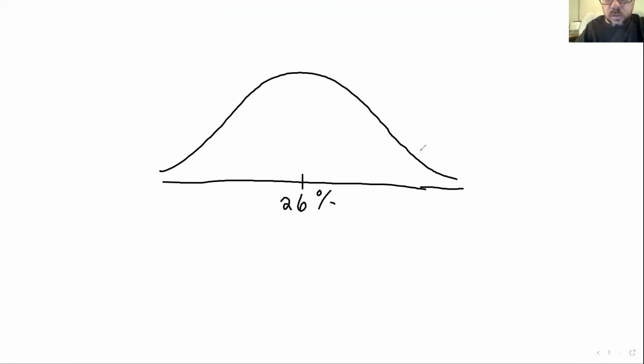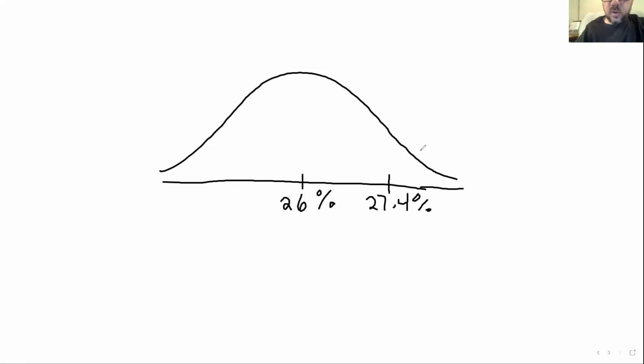What we're doing is basically this. Here was our 26%. When we make a confidence interval, we start with our, in this case, sample proportion, and then we wrap an interval around it.